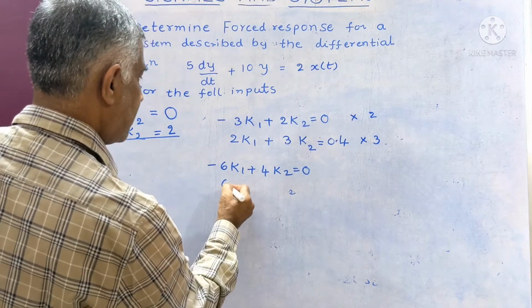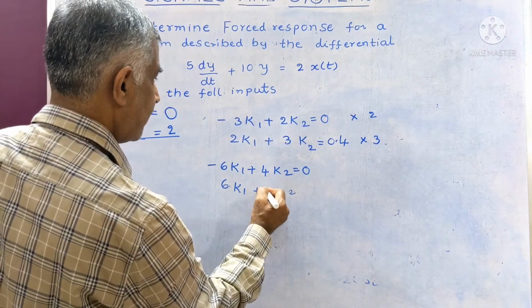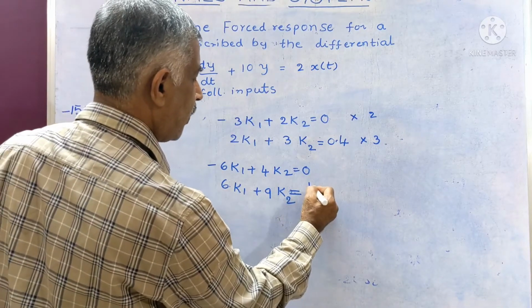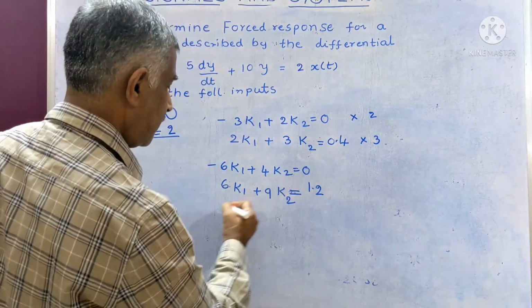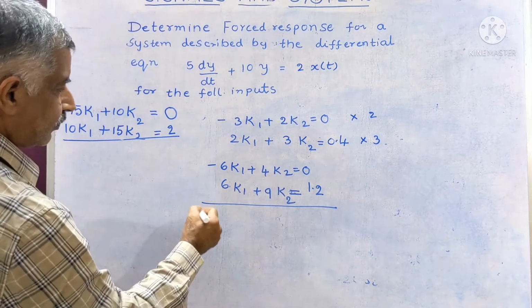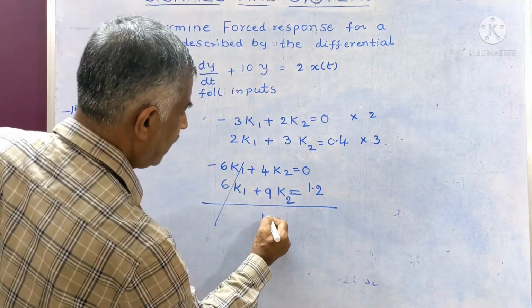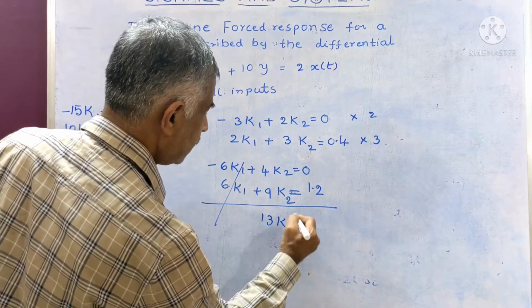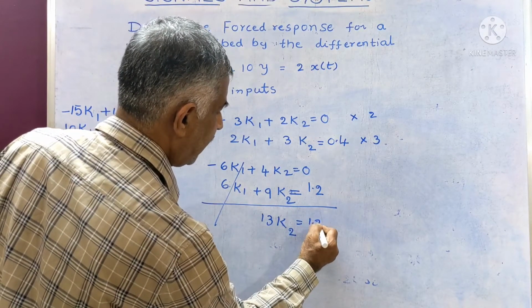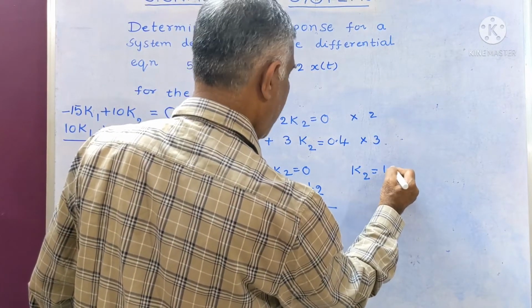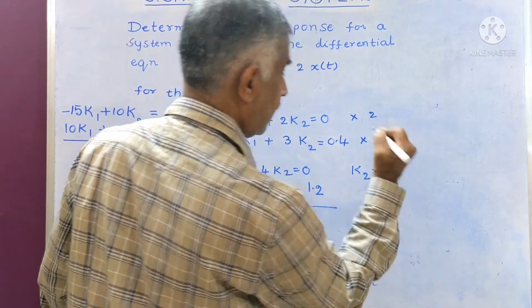Next, 6k1 plus 9k2 is equal to 1.2 after multiplying with 3. Then adding, 13k2 is equal to 1.2. Therefore, the k2 value is 1.2 by 13.